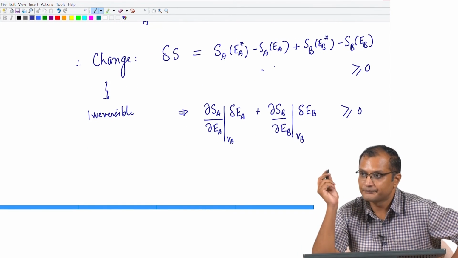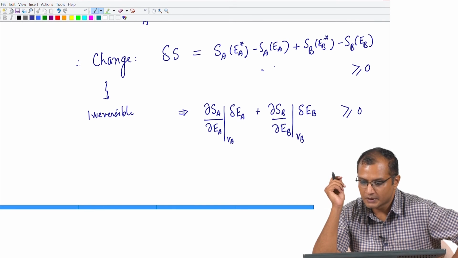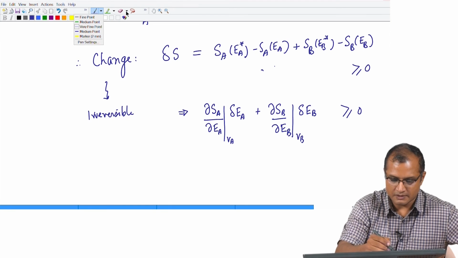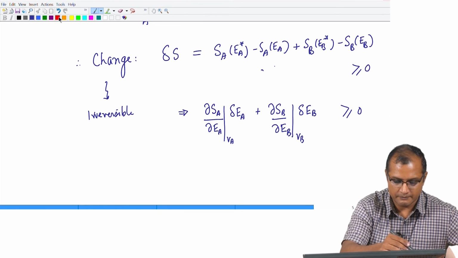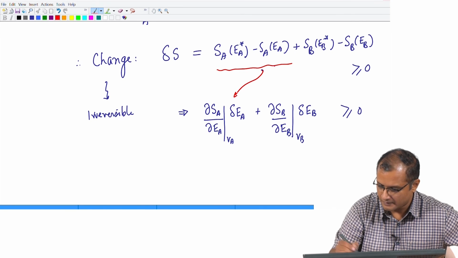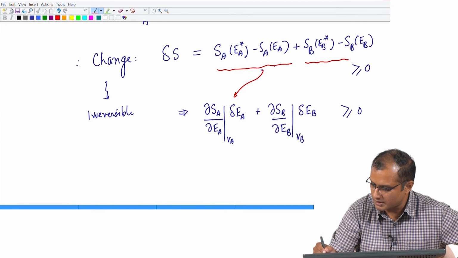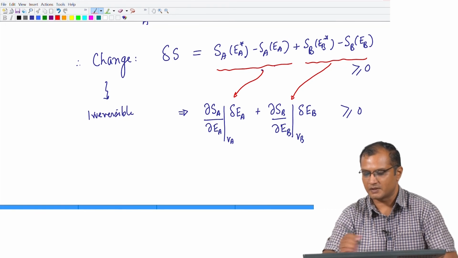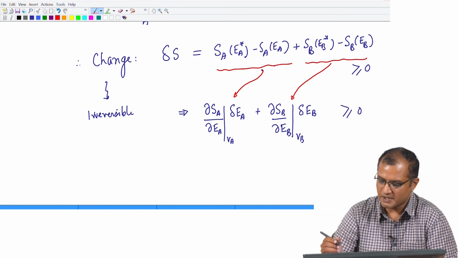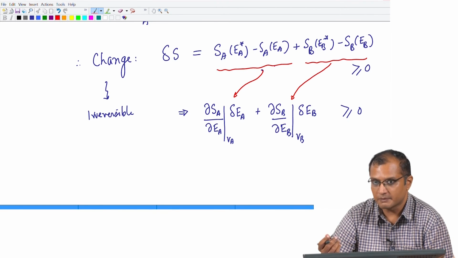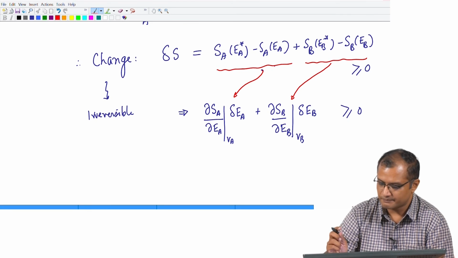Basically, I am writing the change in entropy as the rate multiplied by the total change in energy.